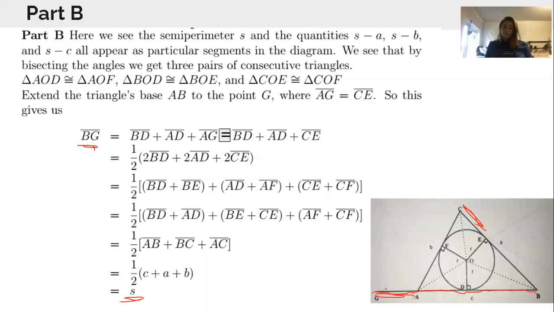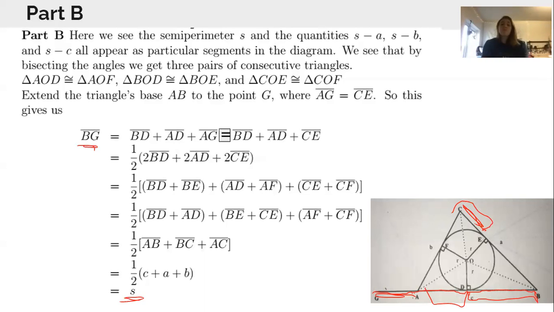So when we take 1/2 of 2 BDs, and 2 ADs and 2 CEs, that's where we're seeing it's basically the same equation, as they're all the same segments.